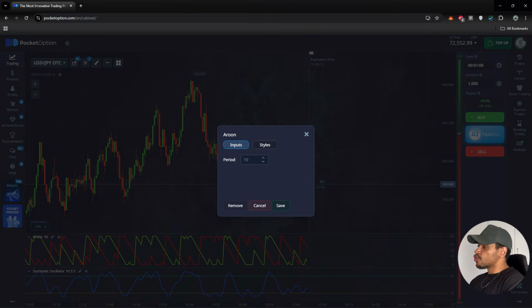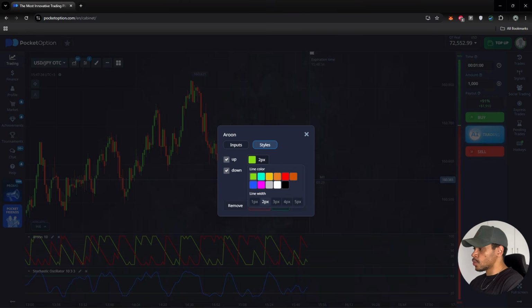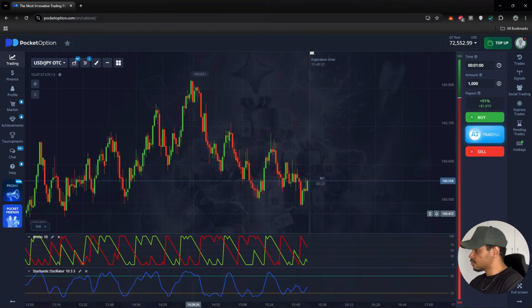So, Aroon, we're gonna go with period 10, and for the styles, change the color of up to green and down to red. This is gonna make it much easier to read because the buy button is green and the red one is sell. Very easy. Set the width to 2 pixels, and that's pretty much it for the Aroon indicator.